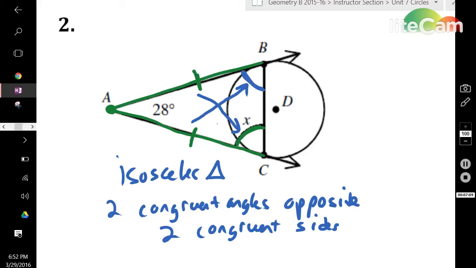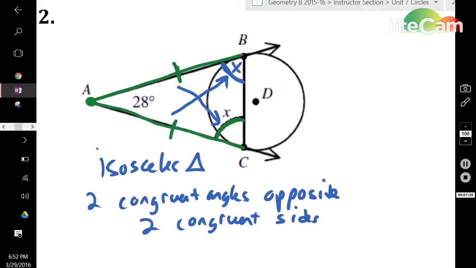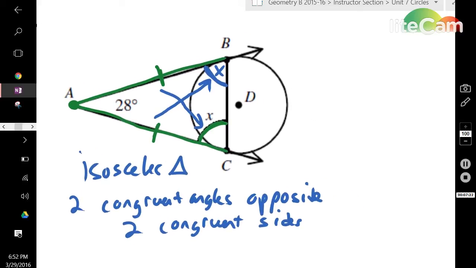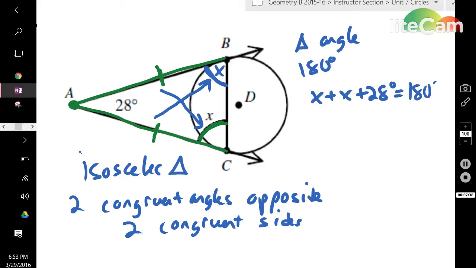So the 2 arrows that point to those 2 angles, those angles are automatically congruent because it's an isosceles triangle. So if that angle is X, this one also has to be X. And I know a relationship relating all 3 angles. Every triangle has an angle sum of 180 degrees. So I have 3 angles that add up to 180 degrees. That makes my equation X plus X plus 28 degrees equal to 180 degrees.